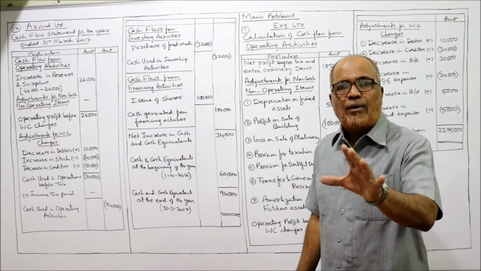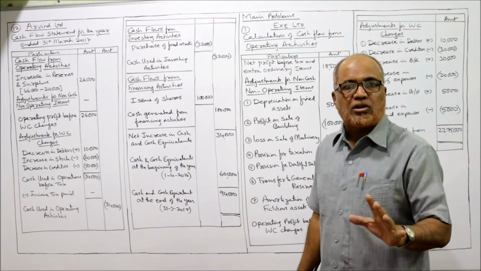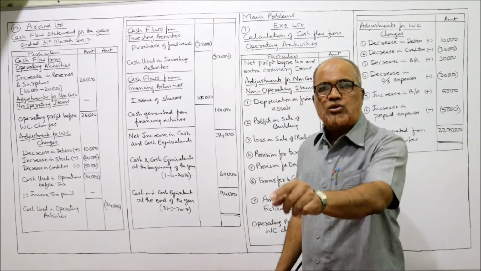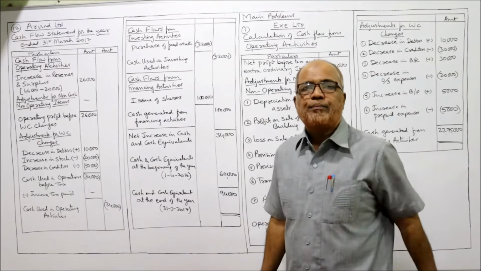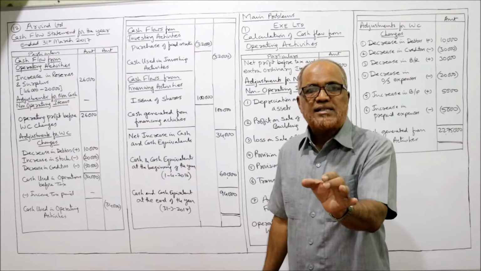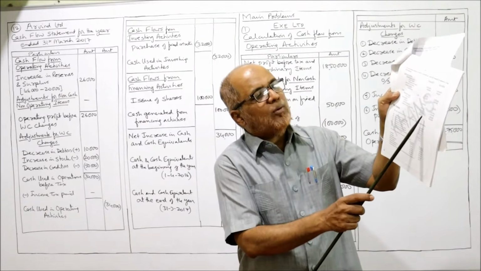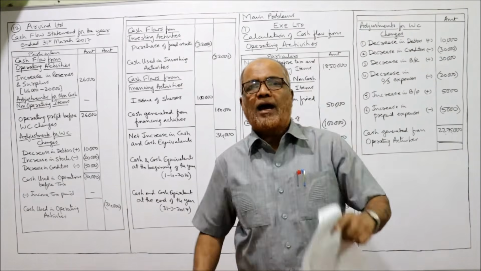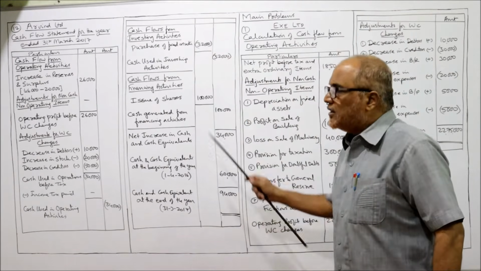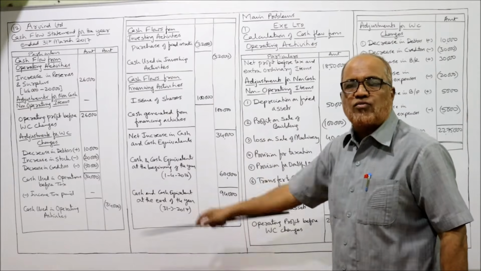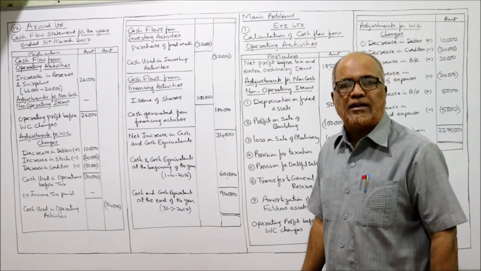Now you can confirm whether we have done correctly or not. The same 94,000 you must get in the problem. Current year's cash and cash equivalent. So in the problem, current year's cash and cash equivalent 94,000 is given, and we also got 94,000. That means our cash flow statement is absolutely right, confirmed.